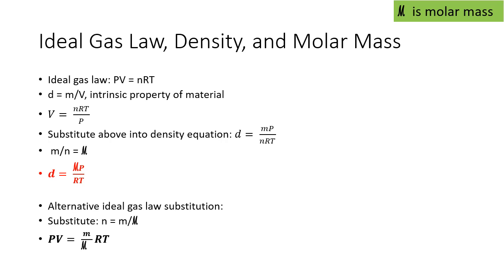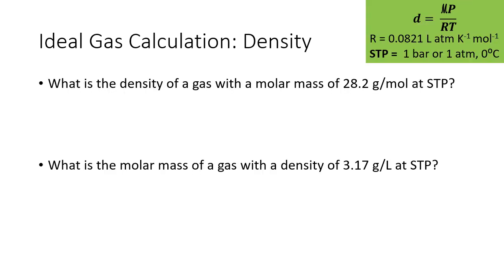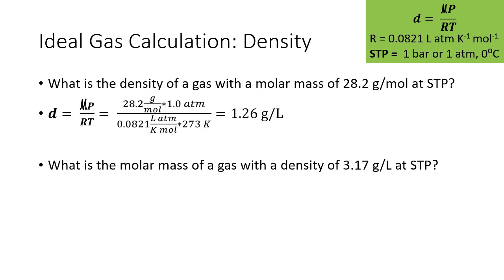All right, so let's try a problem with gas laws and molar mass. What is the density of a gas with a molar mass of 28.2 grams per mole at STP? So we remember that standard temperature and pressure is 1 atmosphere, 0 degrees Celsius. We can put that in directly with our R, liters atmosphere per Kelvin mole, so we can just substitute into the density equation.